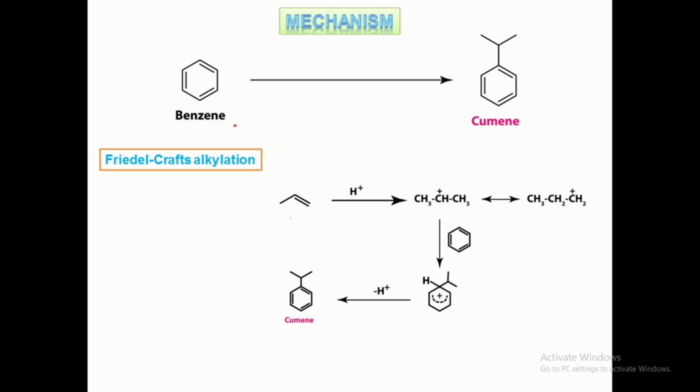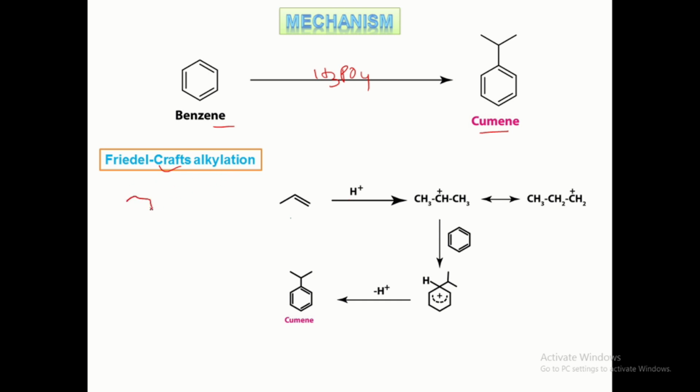At first we have to check the mechanism for the formation of cumene from benzene in the presence of phosphoric acid. This reaction is called Friedel-Crafts alkylation reaction. First of all, we want to know what the Friedel-Crafts alkylation reaction is.